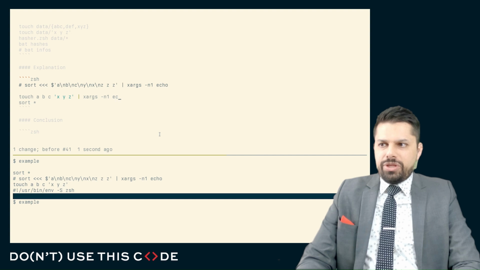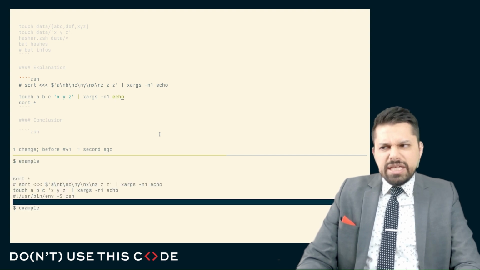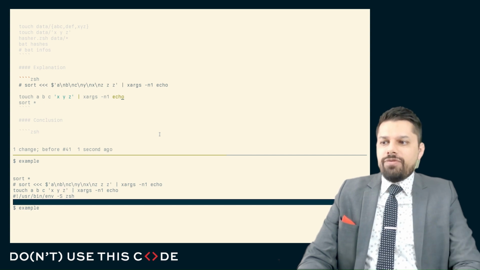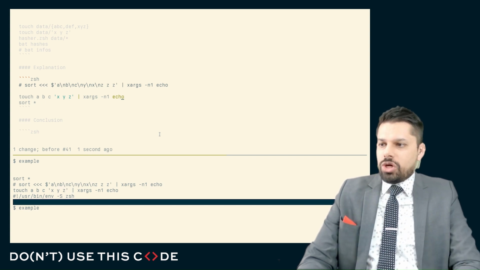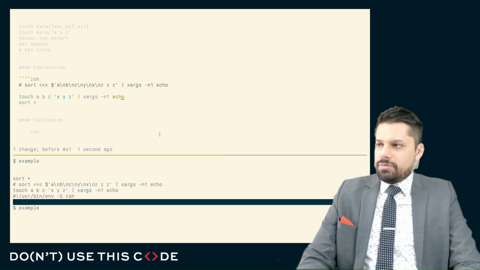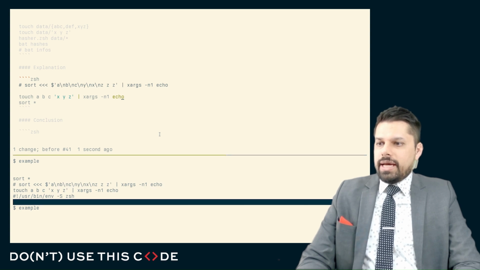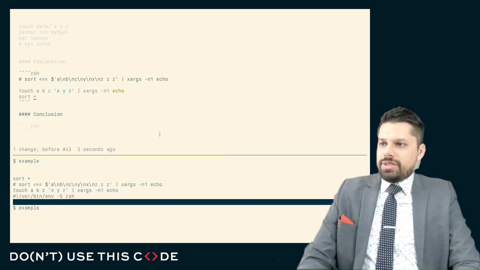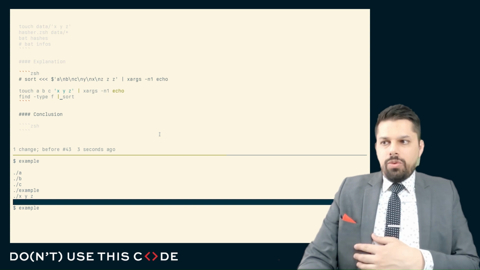And this little prototype with the xargs echo -n1 is a nice, cheap little way that we can check that we're piping things correctly and we're identifying where one of these starts and one of these ends. And so let's get that going. And here, actually, we want to do ls. We want to do find -type f, and pass that to sort like this. So we have something like this.